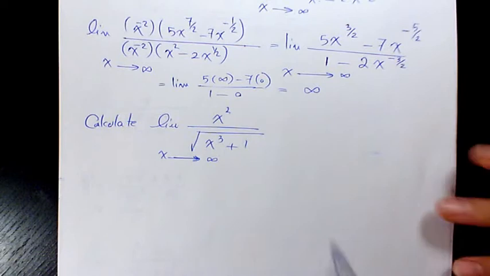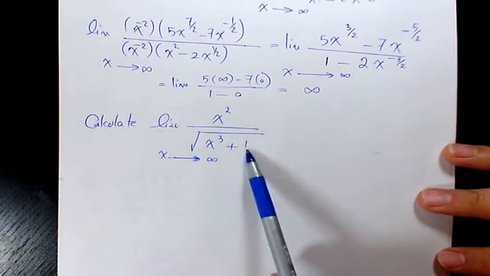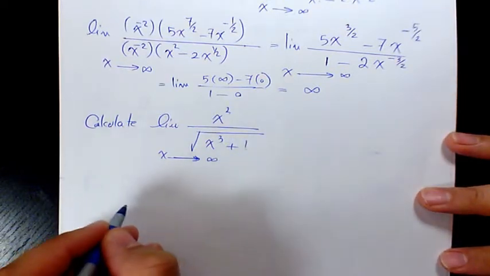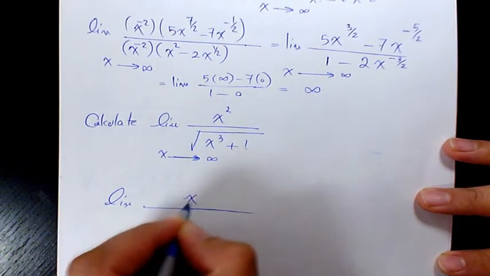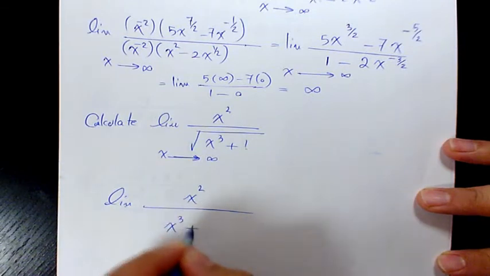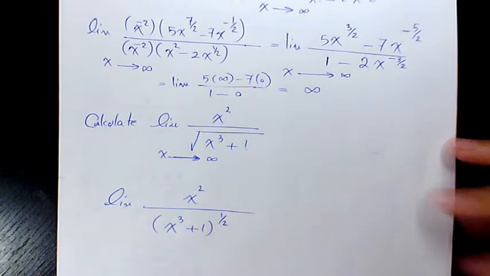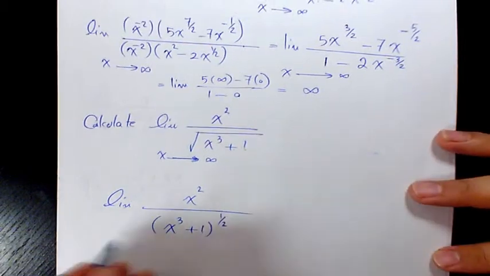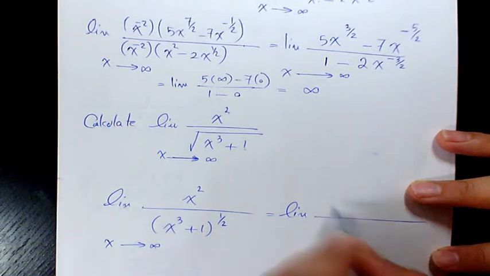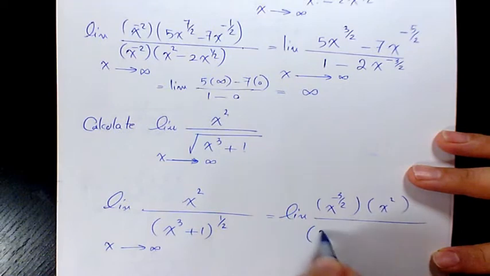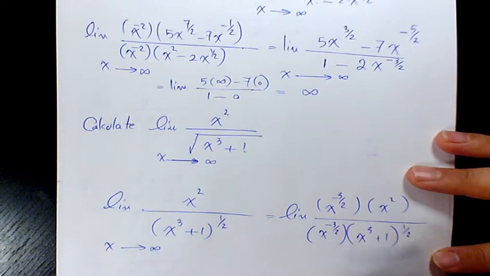Next example is limit of x squared over square root of x cubed plus 1 when x is approaching infinity. So what we can do, we can say that's going to be equal to limit of x squared over x cubed plus 1 to the power of half. Then we can multiply both numerator and denominator by x to the power of negative 3 over 2 when x is approaching infinity.